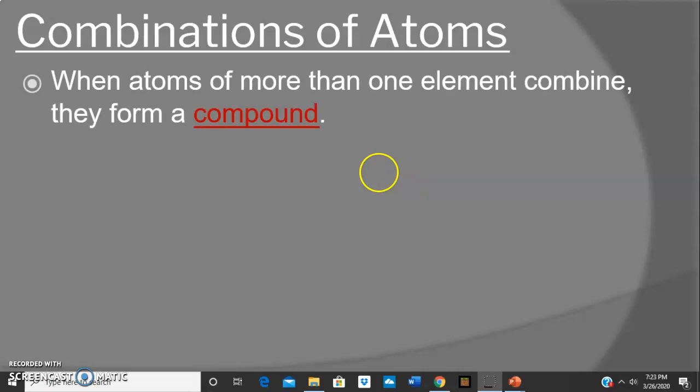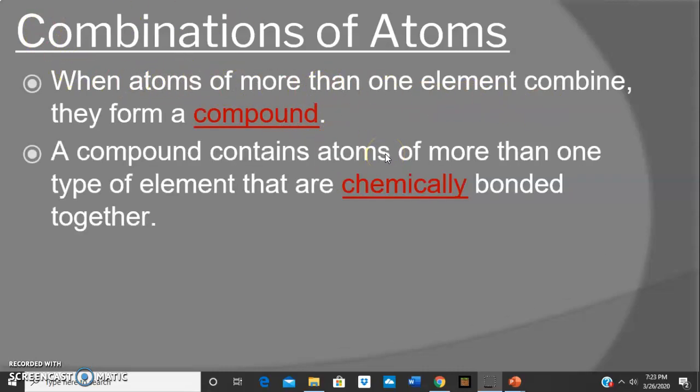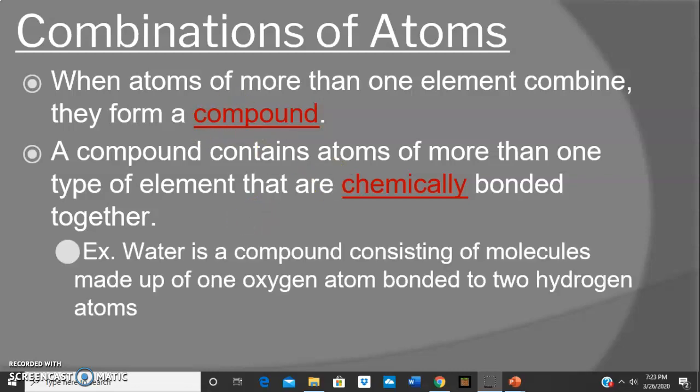All right, so different combinations of atoms. When atoms of more than one element combine, they form what's known as a compound. So a compound contains atoms of more than one type of element that are chemically bonded together. You can see chemically here starts with a C, compound starts with a C. These are chemical compounds. Compounds are chemically combined.